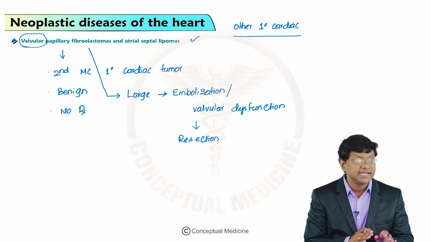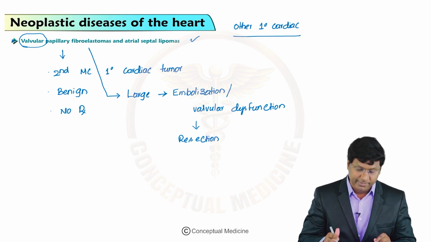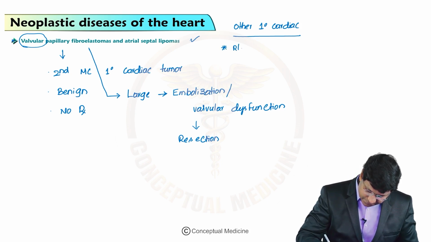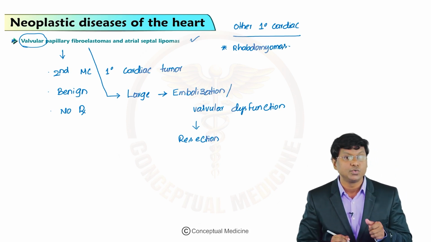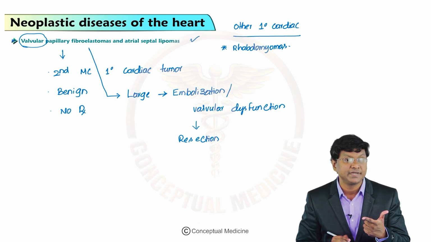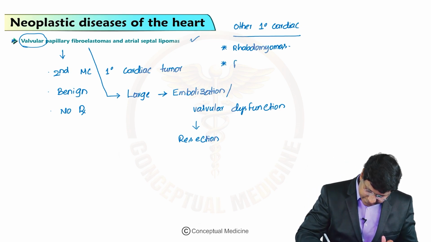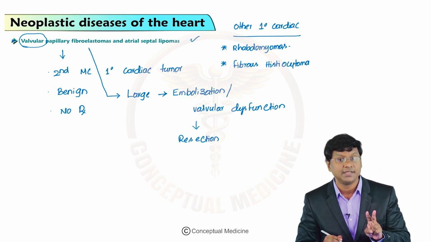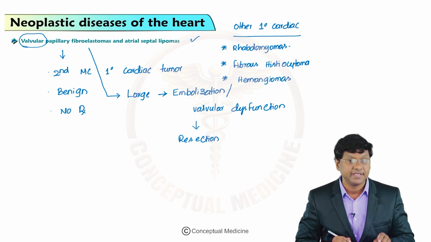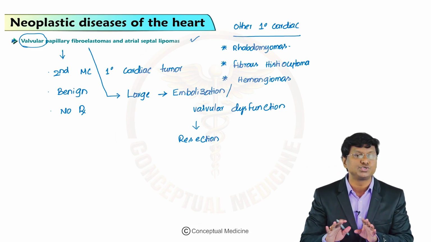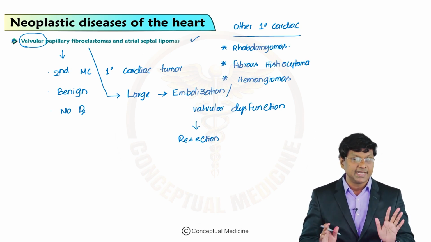They include rhabdomyomas, fibrous histiocytoma, hemangiomas, and a variety of unusual sarcomas. So these are the other primary tumors.